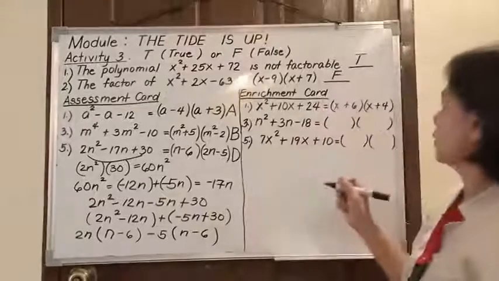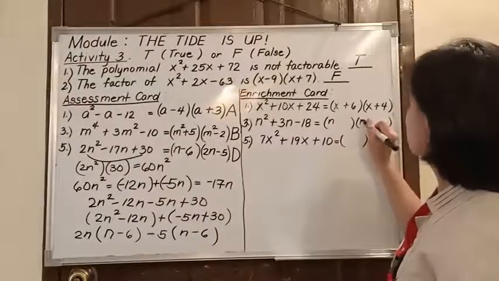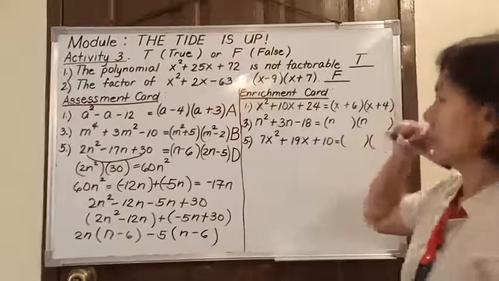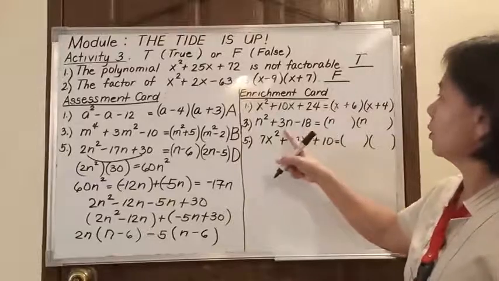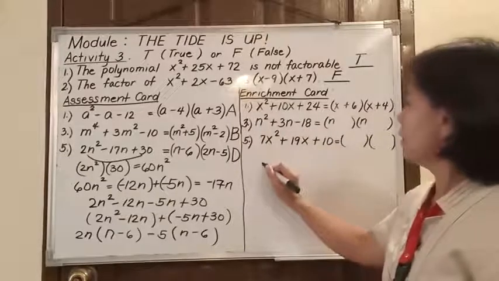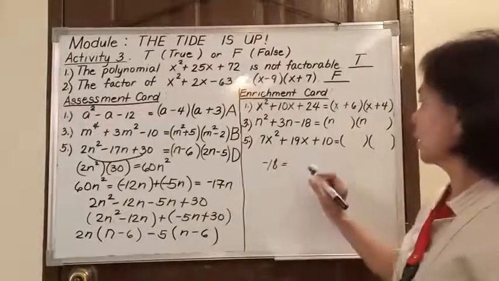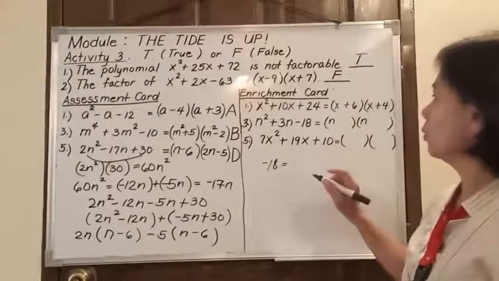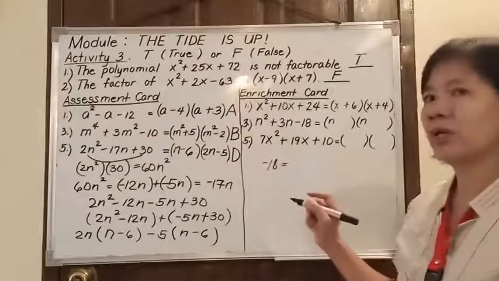Number 3, n squared. Factors of n squared. There are 2n for n squared. N. And then, factors of negative 18 whose sum is 3. Kailangan isang positive, isang negative. Ano kaya yun? 9 and 2. 9 minus 2. Hindi pwede.